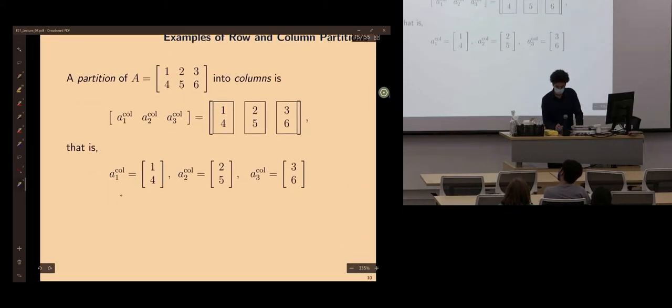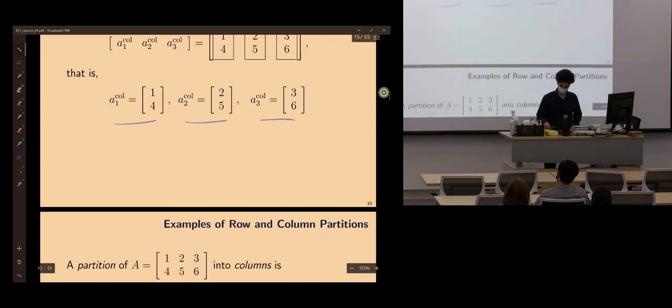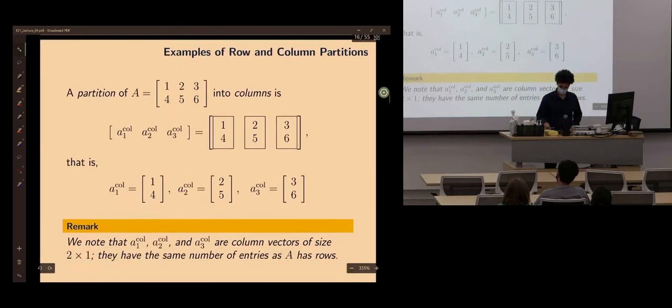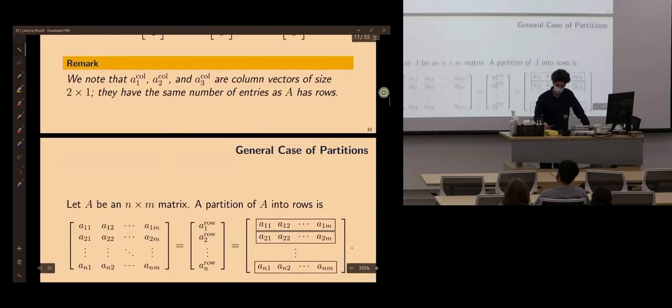Similarly, we can write them as just independent vectors. And that's called a partition of A into columns. It has the same number of rows as the matrix and 1 column.